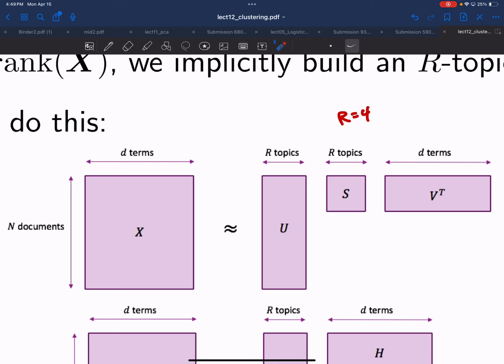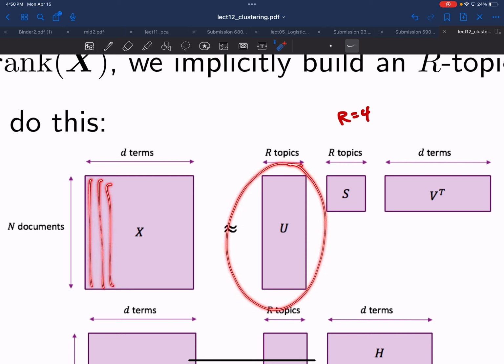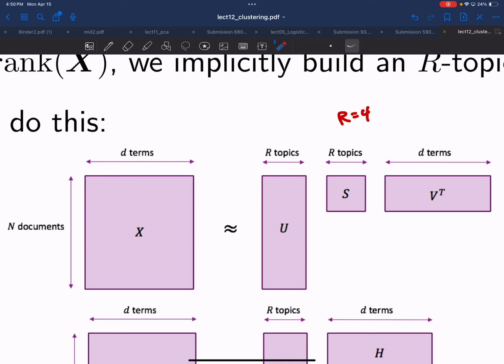Meanwhile, if we think about each term as being represented by a vector of these counts across documents, even though we have D of these terms, where D is very large, 38,000, by applying PCA in this way, we are essentially forcing all those to live in some 4-dimensional subspace.